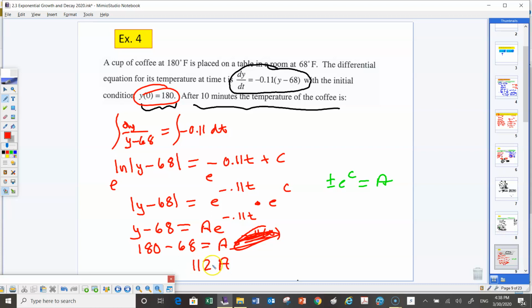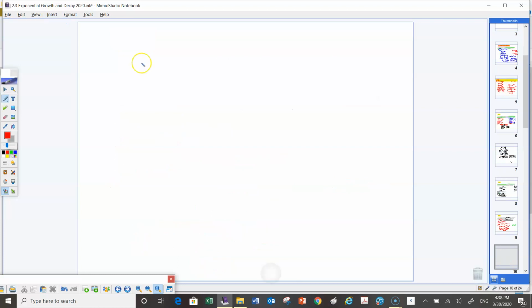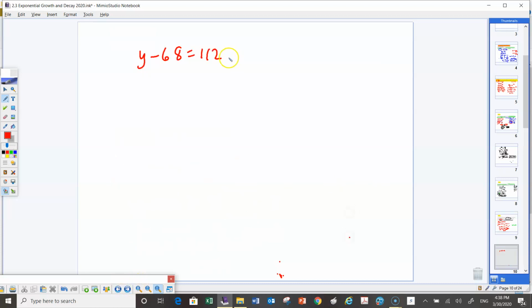So therefore, my equation now will be, I'm going to start a new page here. My equation is going to be y minus 68 is 112 e raised to the negative 0.11 t.